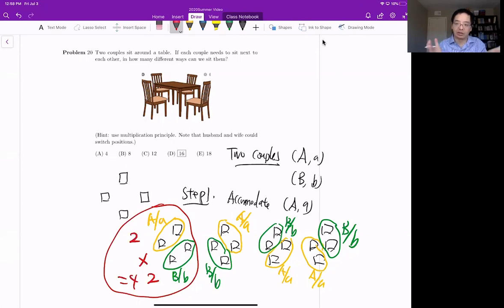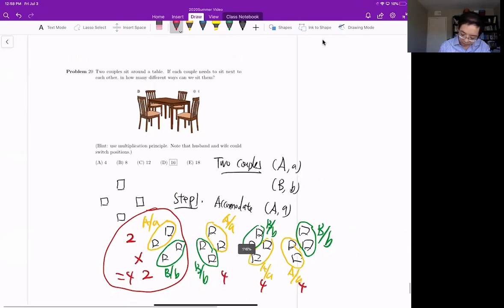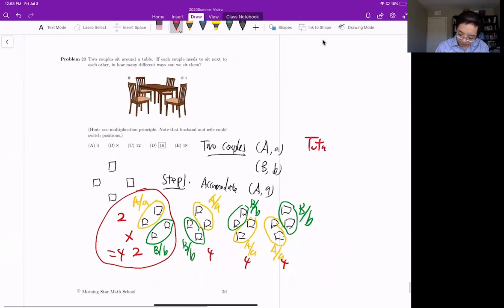To completely settle the 2 couples are 2 steps, so 2 times 2 is 4. Similarly for each of the 4 arrangements, so the total is 4 times 4, which is 16.